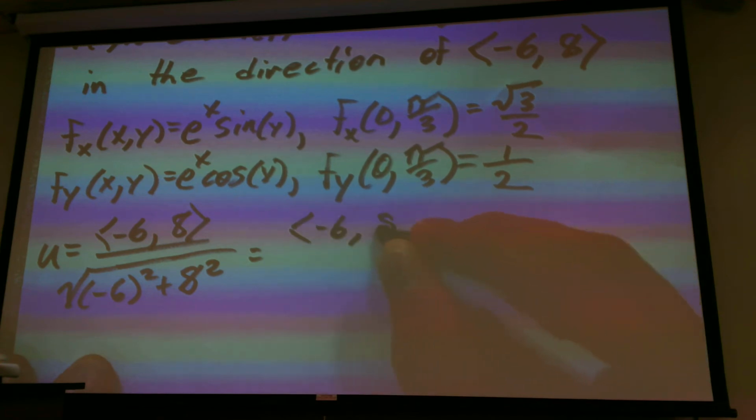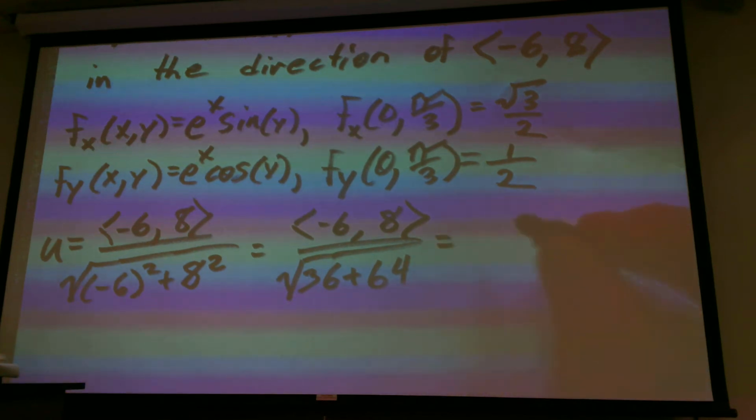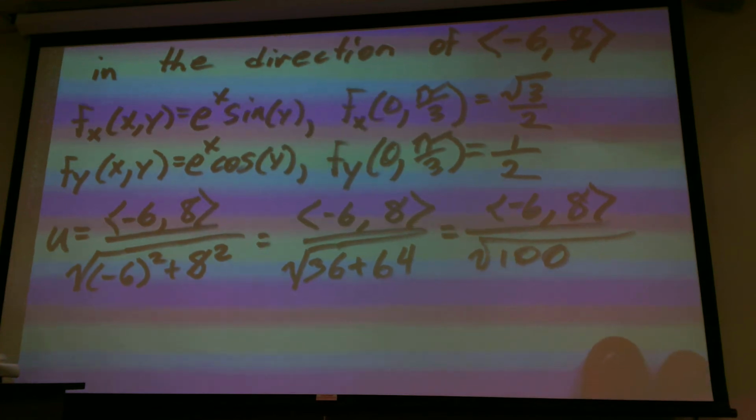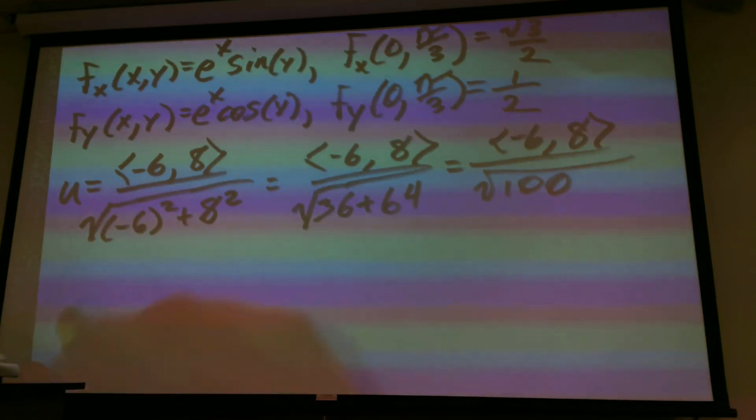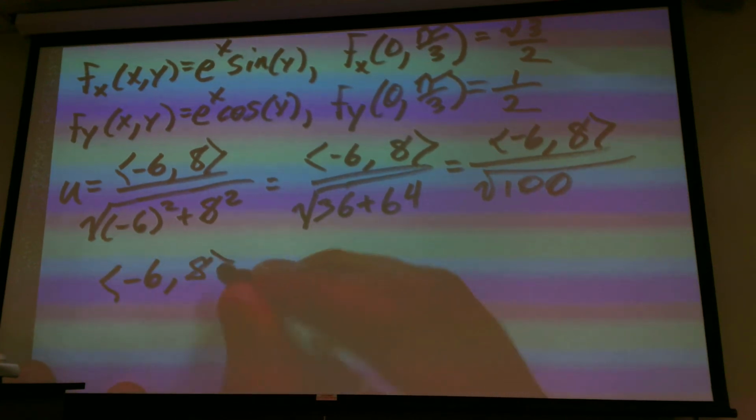Okay, so that's going to be the square root of 36 plus 64, which is the square root of 100. Okay? So our unit vector is going to be ⟨-6, 8⟩ divided by 10.